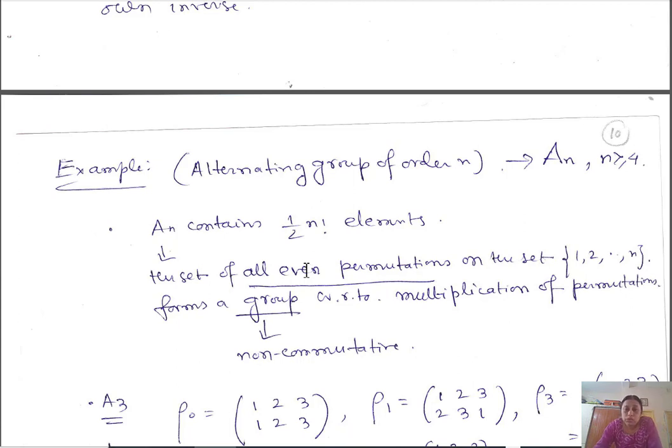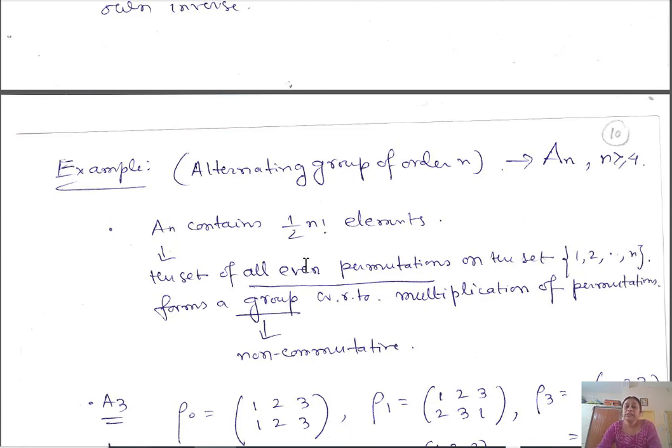Just to note here, if you consider the set of all permutations of 1 to n, there are total factorial n elements in that set, and half of them are even permutations, half of them are odd permutations. I will introduce shortly what is an even permutation and what is an odd permutation.